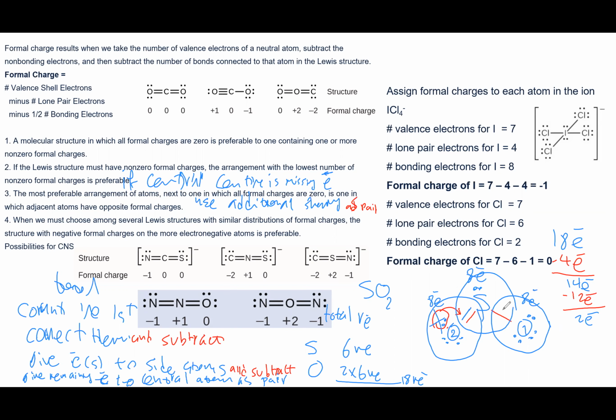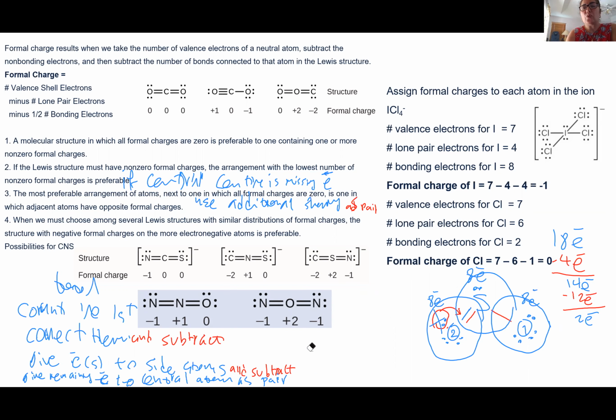Now, I said I want to talk about the resonance as well. In order to talk about resonance, I can ask which other element can share electrons with sulfur other than oxygen 2? Can oxygen 1 also share electrons with sulfur?